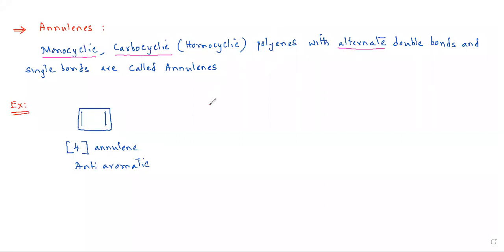Now, look at this. So this is of course benzene. But you know, in this particular terminology, we call this 6-annulene. 6-annulene, of course, is aromatic.